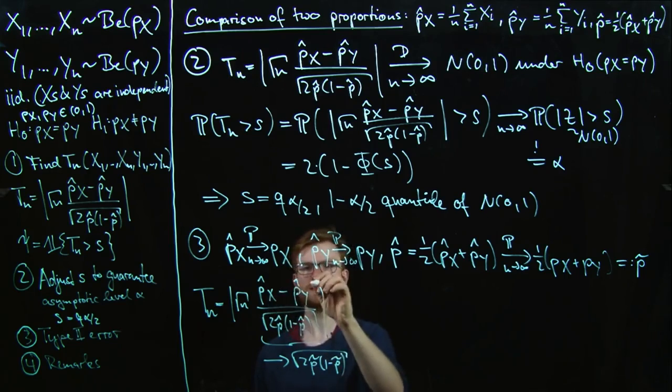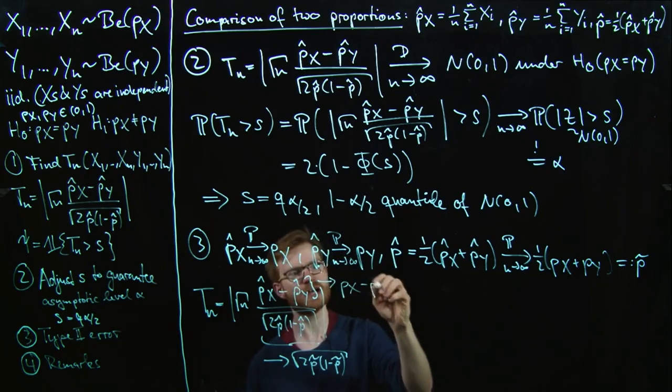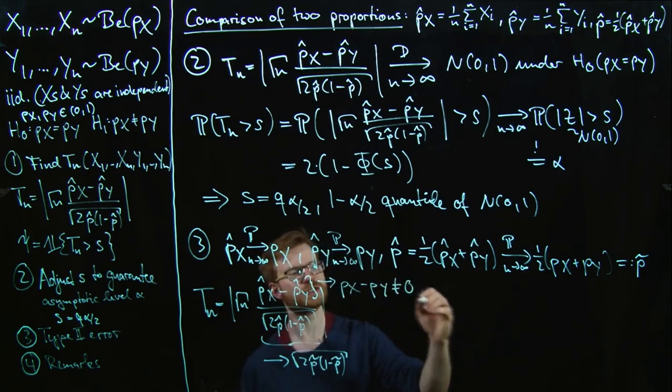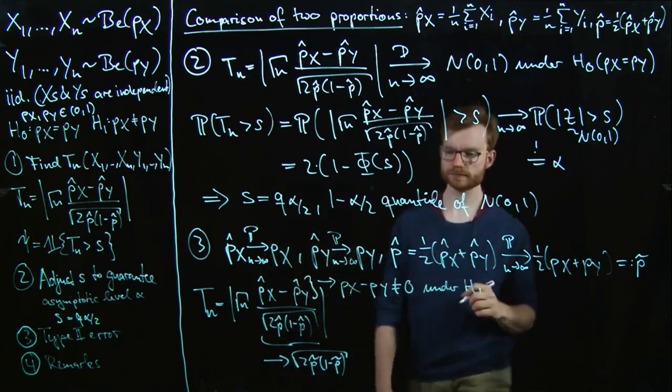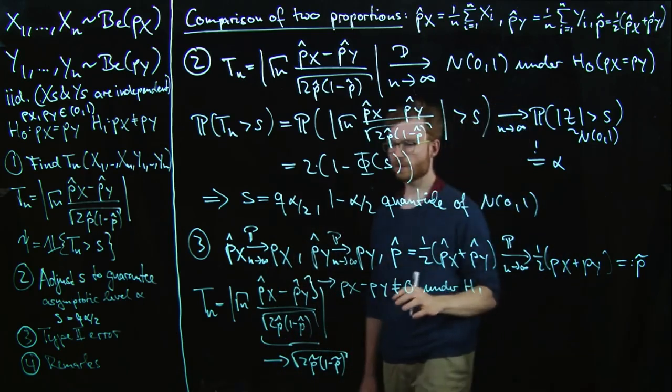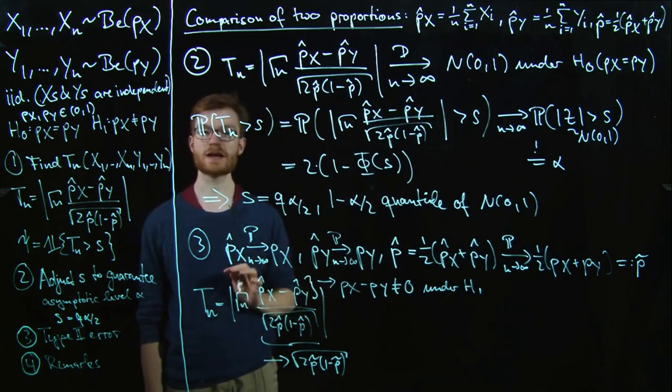And the numerator goes to px minus py, which is not 0 under h1. So this whole quantity, except for the square root of n, goes to some specific number in probability.